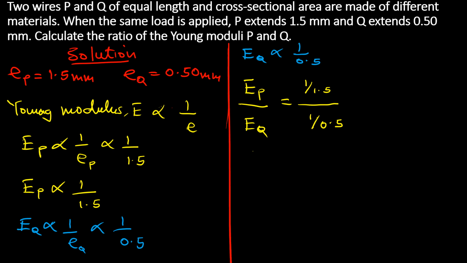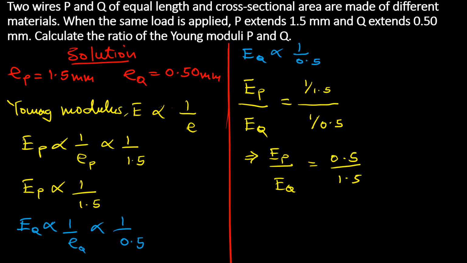So EP by EQ will be equal to 0.5 over 1.5.